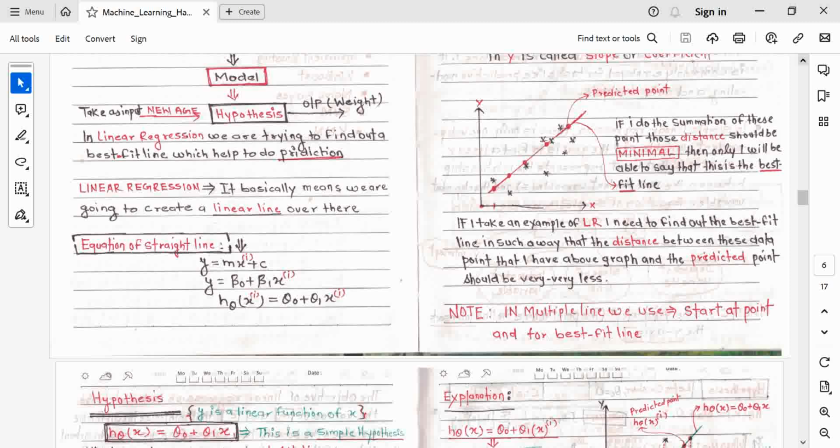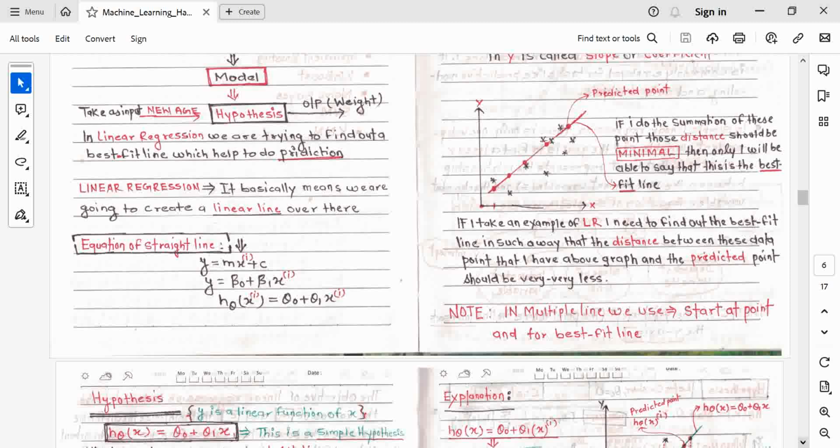The summation of the distance between the actual points and the predicted points is minimal, that is called the best fit line in linear regression. If I take an example of linear regression, I need to find the best fit line in such a way that the distance between these data points on the graph and the predicted points should be very less.